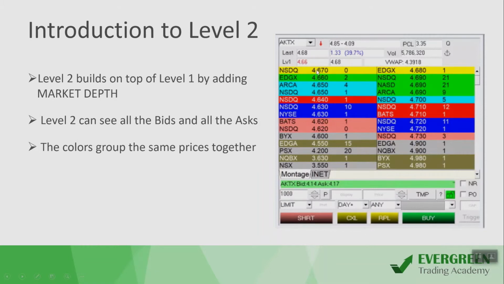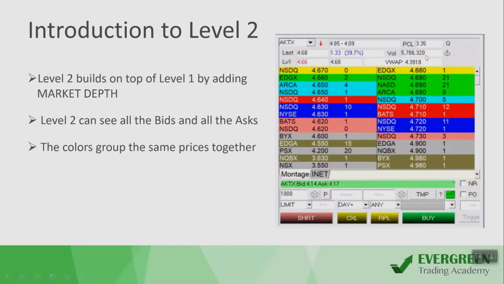If you haven't guessed already, this here is a still image of the level 2 window. Let's just quickly break it down. To start off with, we're not going to be focusing on much of the information up the top here. We're just going to be focusing on the information inside this window. Just like in the previous example, it's split into two columns.